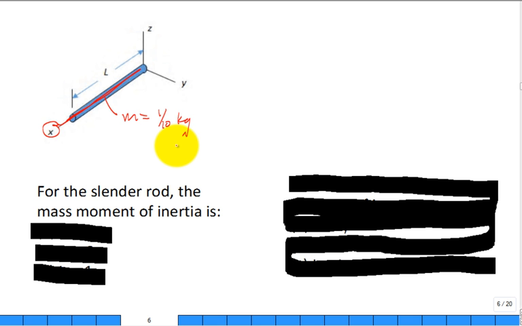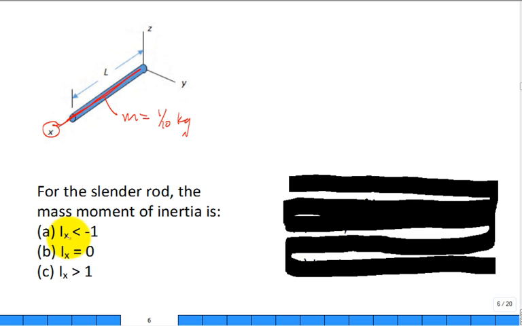It's a couple centimeters long, but that's not relevant. Let's look at the question. For the slender rod, the mass moment of inertia I sub x is less than -1, just looking at the magnitude, don't worry about the units, is equal to 0, or I sub x is greater than 1. And again, just look at the magnitude of it. Don't look at the units.